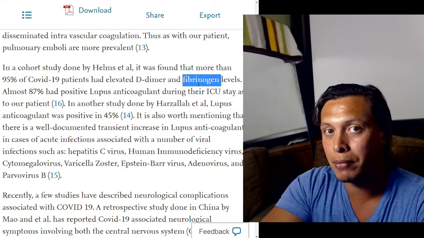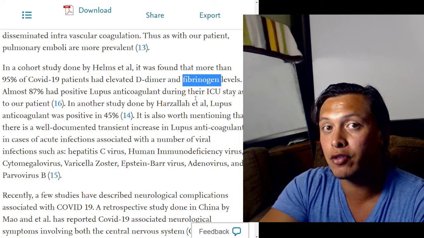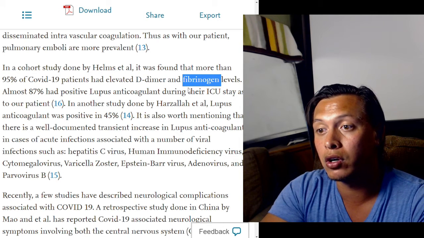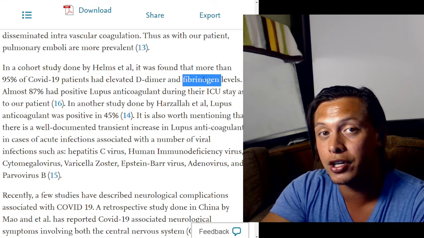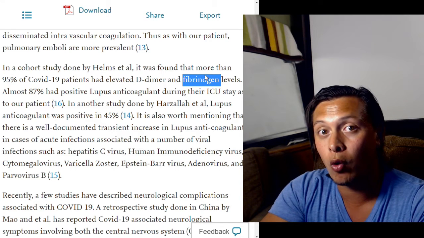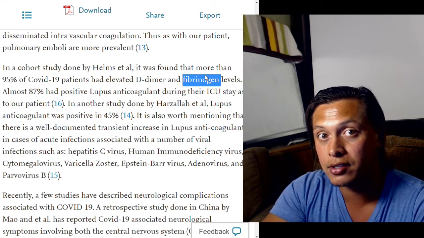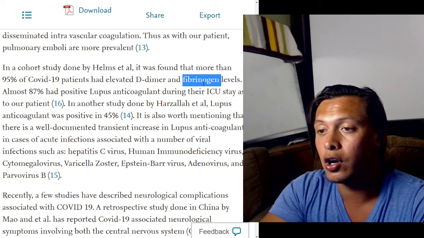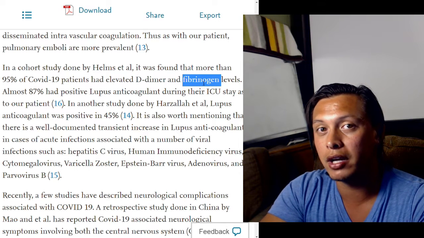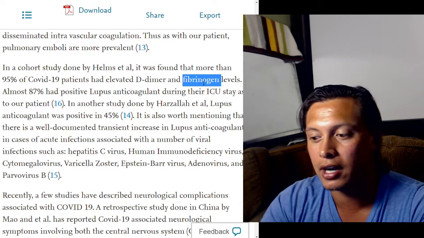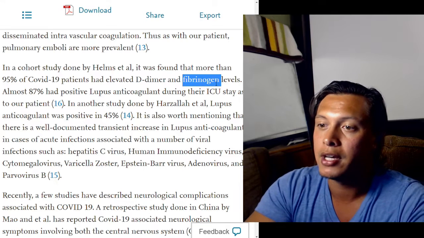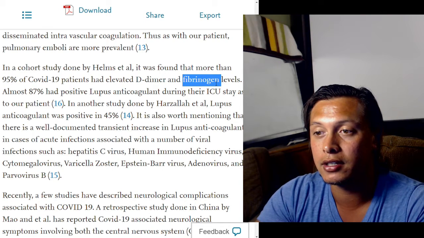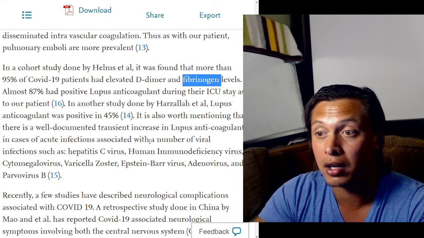If thrombin is activated, thrombin will attack fibrinogen and turn it into a form that will polymerize into fibrin. So blood clotting is a highly coordinated, regulated process, and fibrinogen is one of the starting materials to make a blood clot.